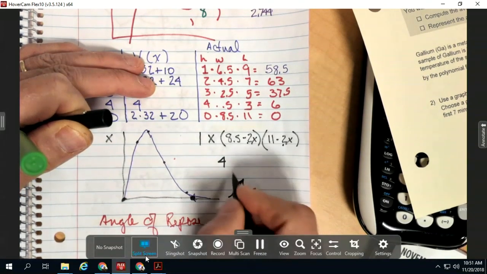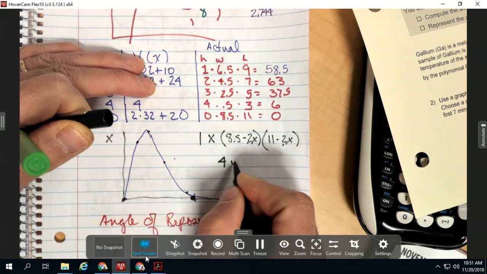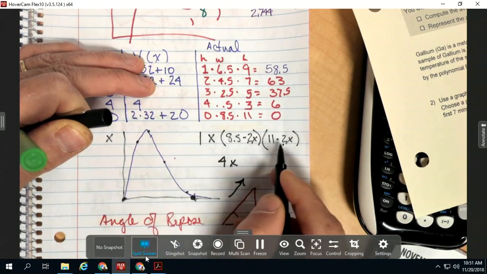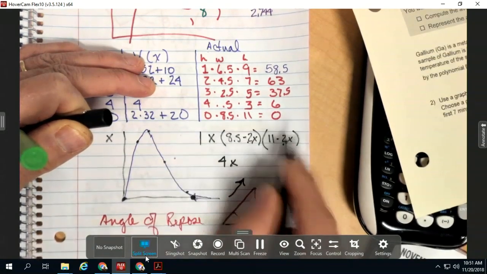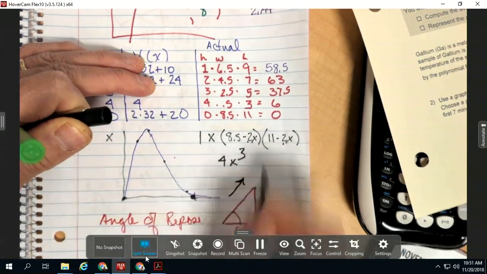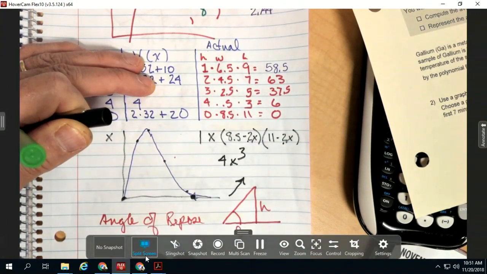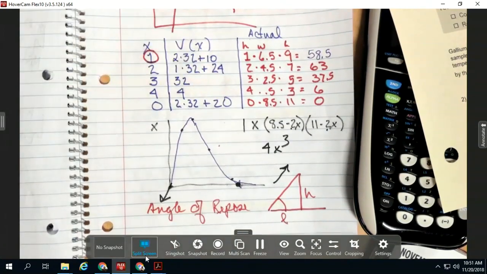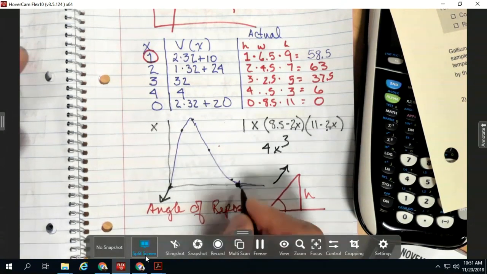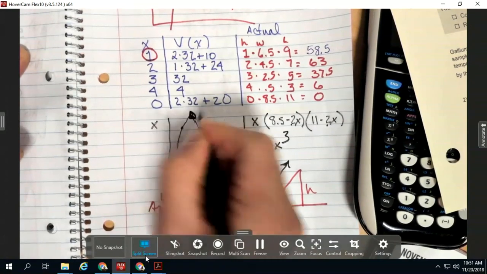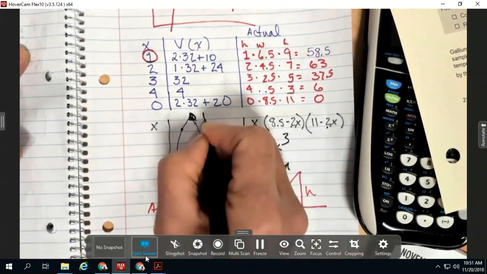What's the power going to be? x to the third. Does that make sense? There's 3 factors. So over here on this end, it's going to be going down. How many turning points does it have? 1 here and 1 here.